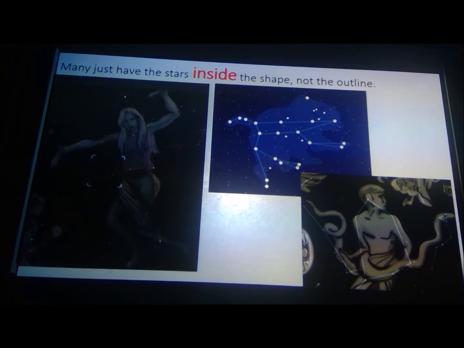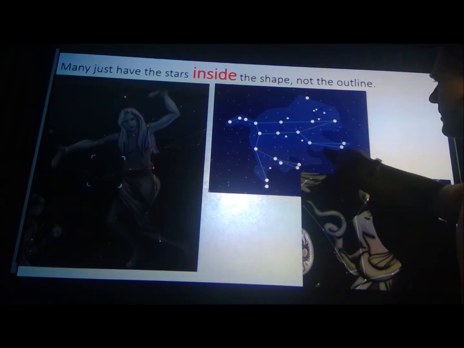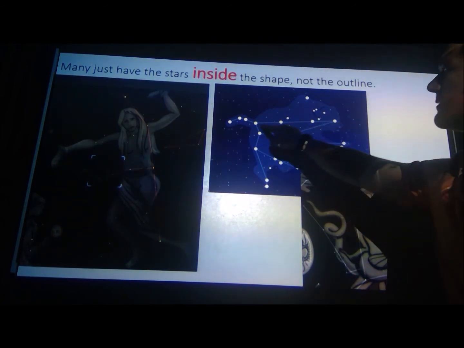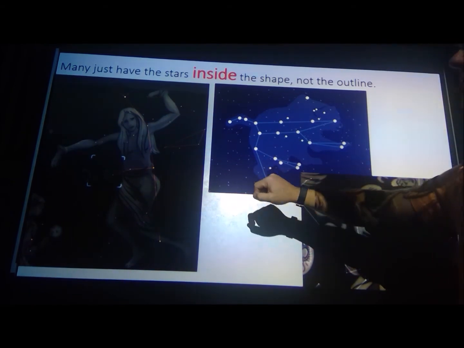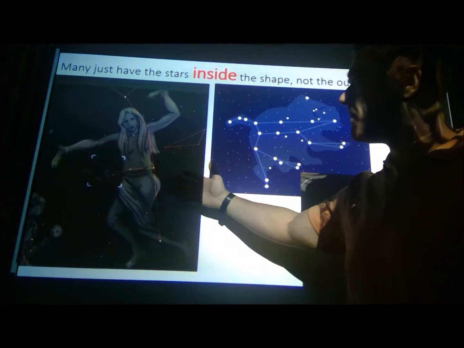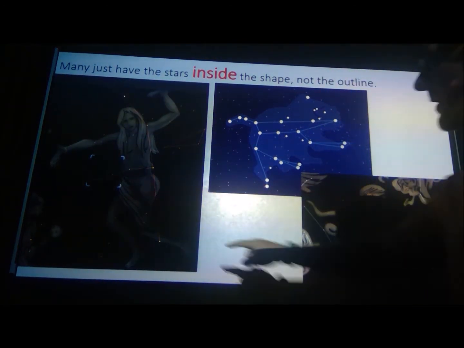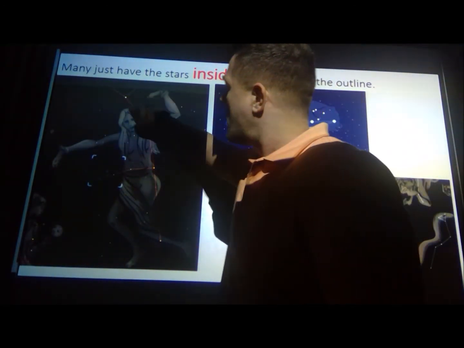Other than that, no clue. Also keep in mind that they are not an outline. So Ursa Major, it's almost as though the stars are creating the bear's skeleton. For Cassiopeia, I don't know how they got that. But it is not an outline of her body.